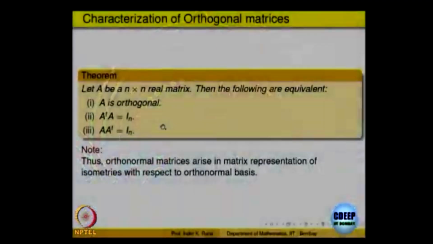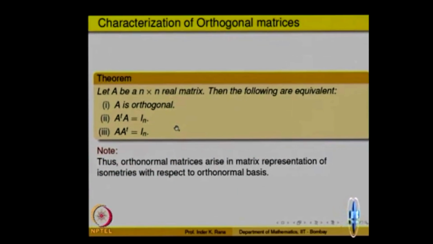So they are very special matrices, and they arise as matrix representations of isometries, which preserve the notion of angle and distance. Orthogonal matrices arise in matrix representations of isometries with respect to an orthonormal basis.